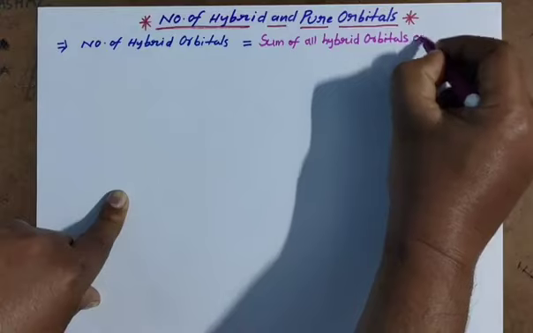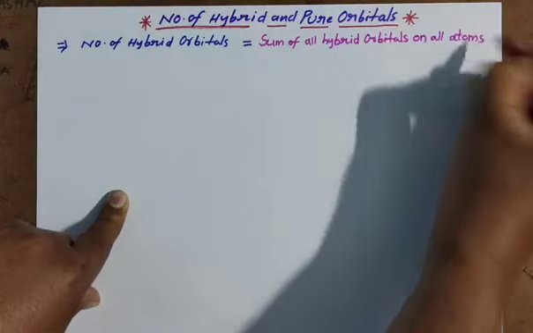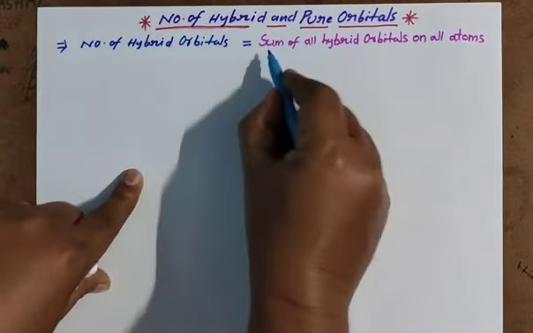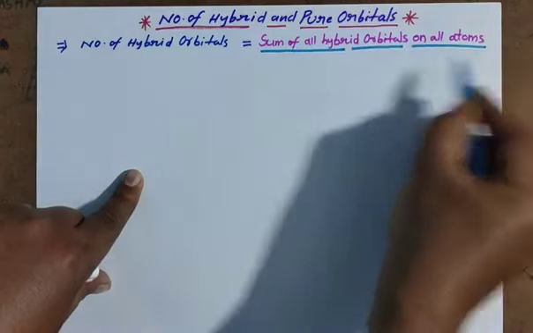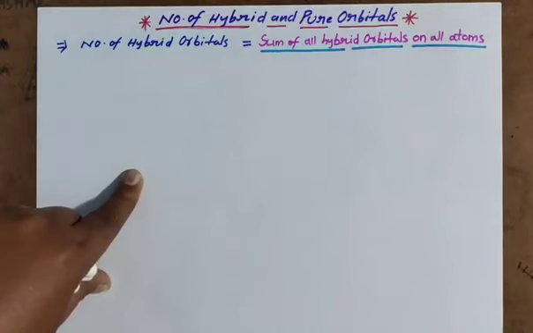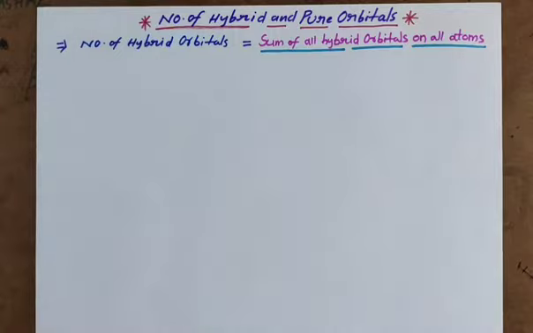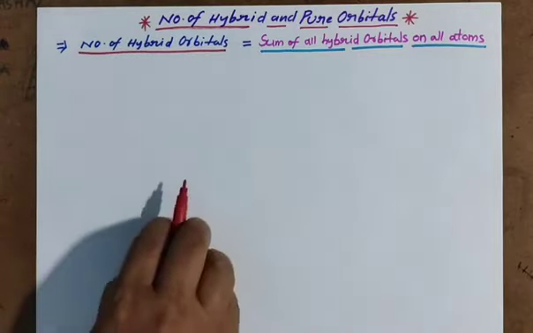Sum of all hybrid orbitals on all atoms. This is the formula you have to remember. If you remember this formula, then it is easy. Number of hybrid orbitals equals the sum of all hybrid orbitals on all atoms.